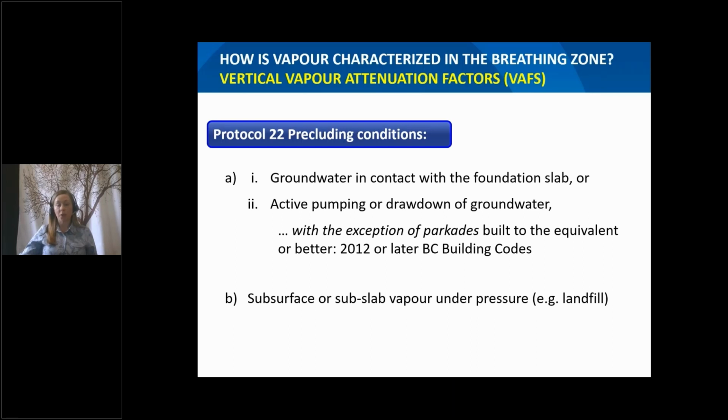Next, is the subsurface or subslab vapor under pressure, such as at a landfill? Pressure may be present due to biodegradation of organic material in the soil. If any of these conditions are met, then the Table 1 vapor attenuation factors cannot be used. In addition, Table 1 footnotes include other specific conditions where the use of VAFs may not be permitted.